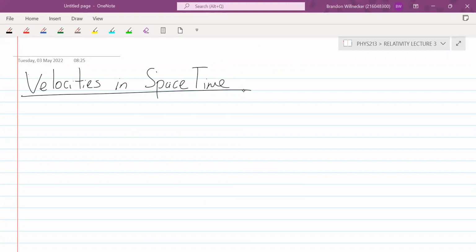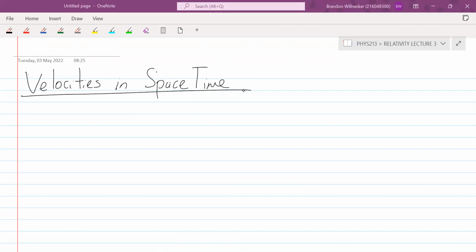Okay, so before we get onto that, we just need to do a quick recap of moving from one coordinate system to another. So this will be important for when we look at alternative views of velocities in space-time.